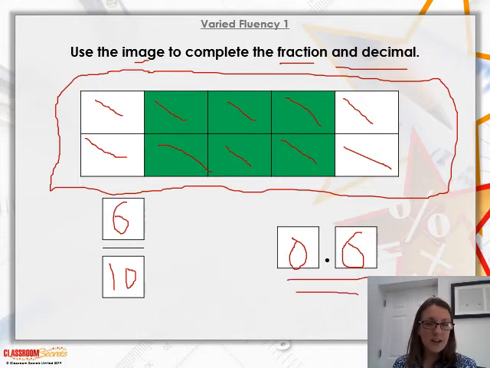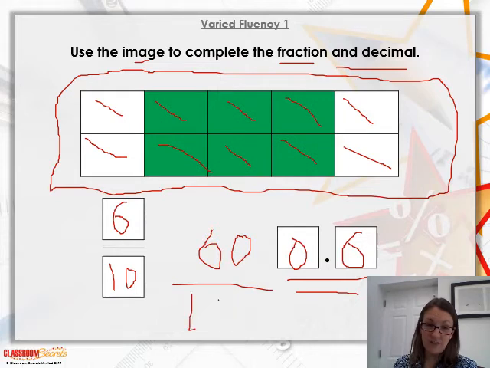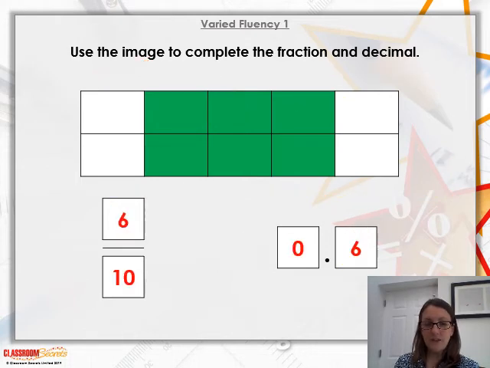How else could you write that as a fraction? Hoping some of you are thinking, well, I know 6/10 is the same as 60 hundredths. Fab. Okie doke. There we are. We looked at that in the previous slide. Let's have a look at the next one.